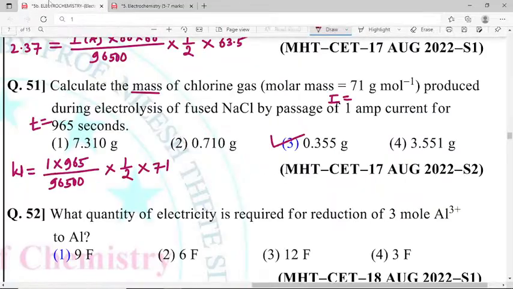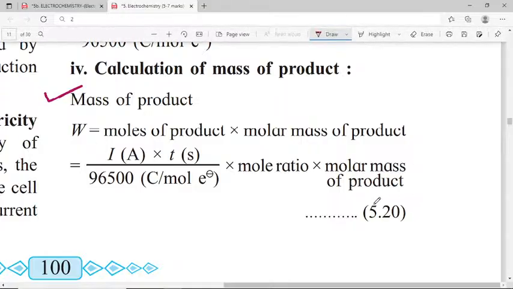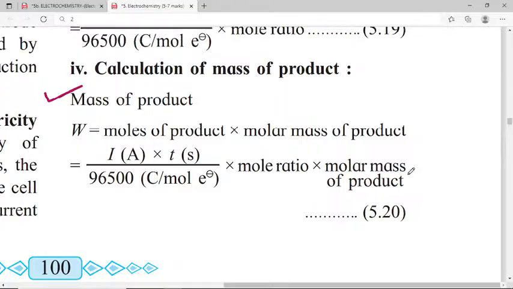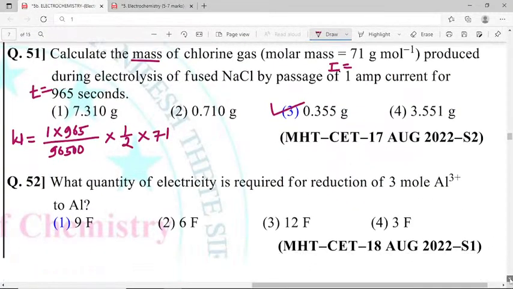Very good, option number 3 is correct. Mass of product formed is equal to moles of product multiplied by molar mass of product.